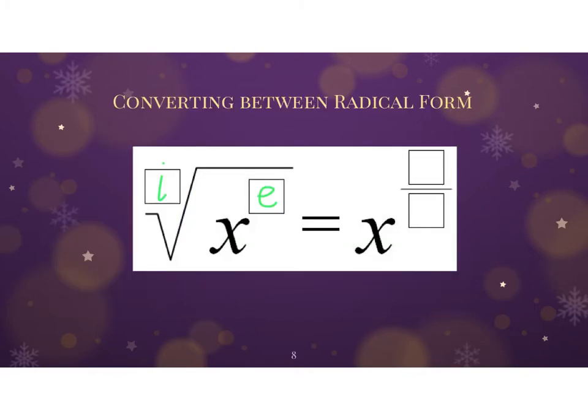Now we're going to talk about converting between radical form and exponent form. Whenever we are converting from radical to exponent form, our index is going to go to the bottom, the denominator of the exponent, and our exponent is going to pop to the top.